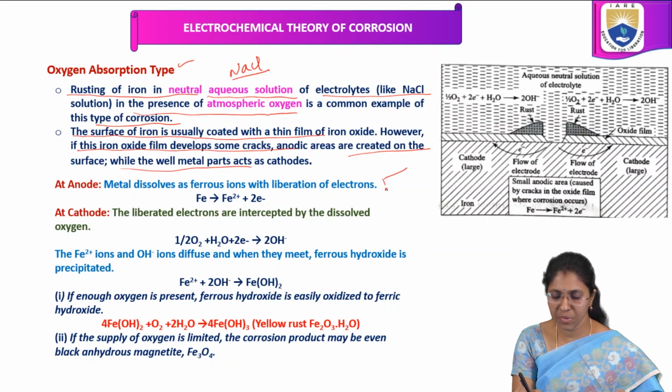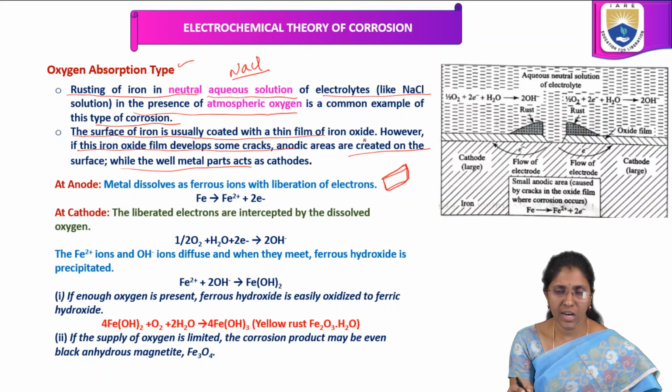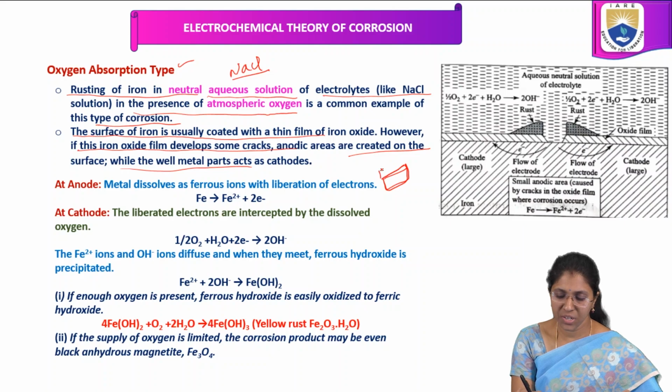So, we know that if a metal is placed in the atmosphere, it will react with the atmospheric gases such as oxygen. Here we are taking oxygen, so it will react with oxygen and form metal oxide. Here we are taking metal, that is iron, so it will form iron oxide.